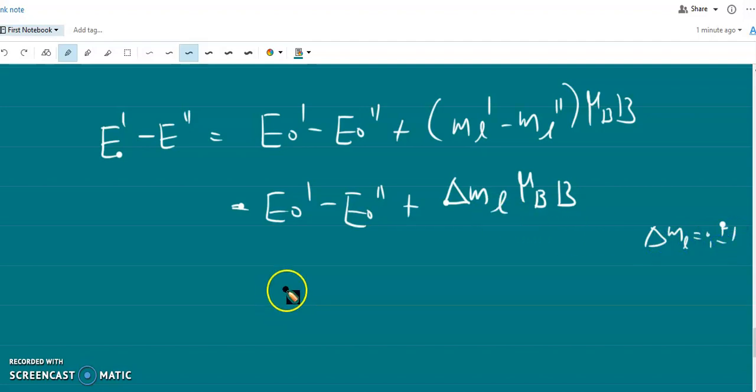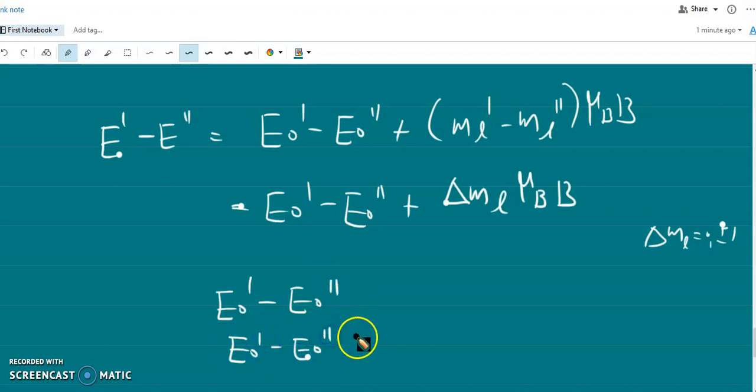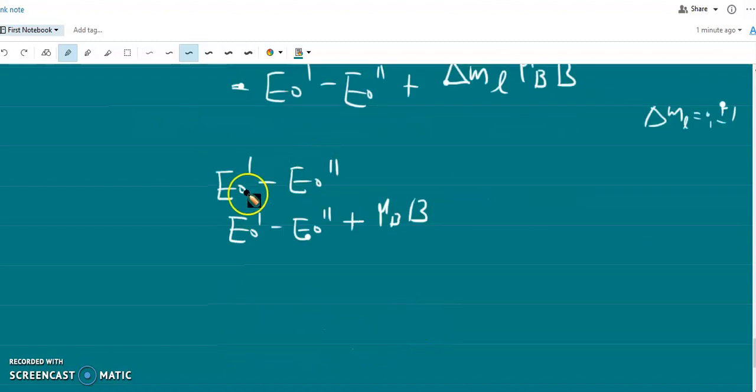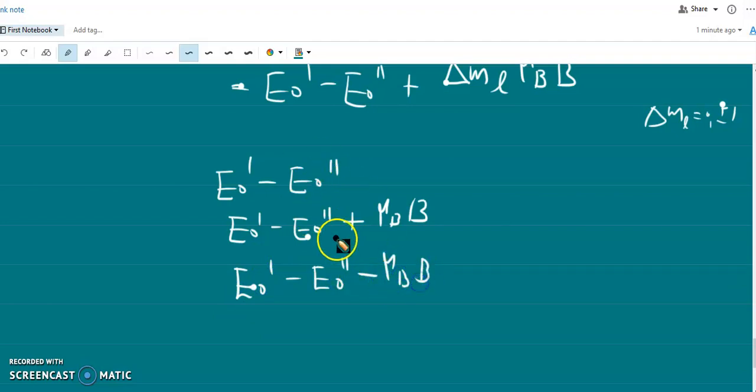When delta ml is 0, the energy is E0 prime minus E0 double prime. When delta ml is 1, the energy is E0 prime minus E0 double prime plus mu B B. And when delta ml is minus 1, the line has energy E0 prime minus E0 double prime minus mu B B. So there are three lines.